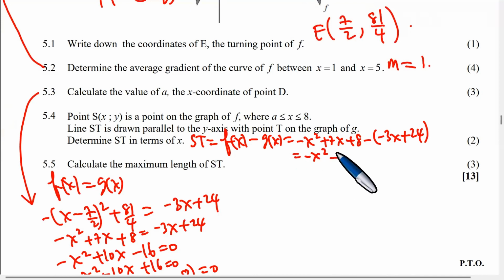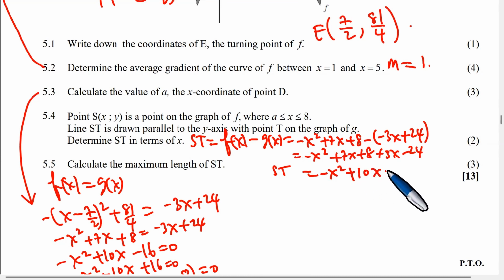Which is minus x squared plus 7x plus 8 plus 3x minus 24. So ST is exactly minus x squared plus 10x minus 16.